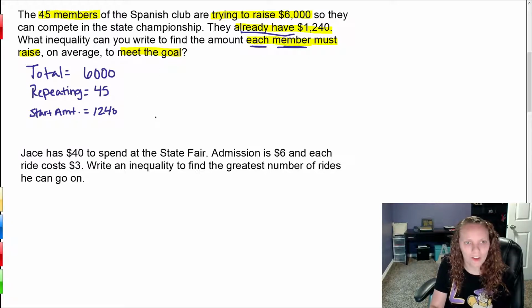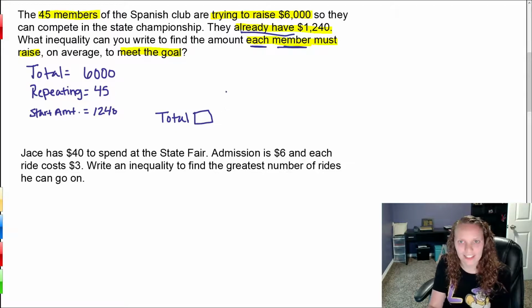So let's write our inequality. Their total is going to be on one side. Remember, the box will stand for which way our inequality symbol faces. And then their earnings will be on the right side. If they want to raise $6,000, that means it could be equal to, their earnings would need to be greater than or equal to the total amount that they want.